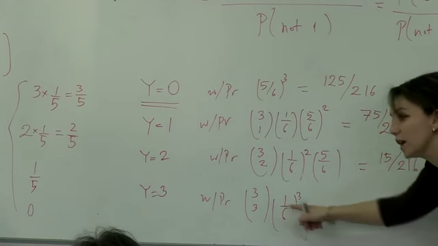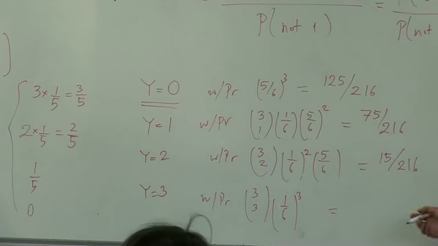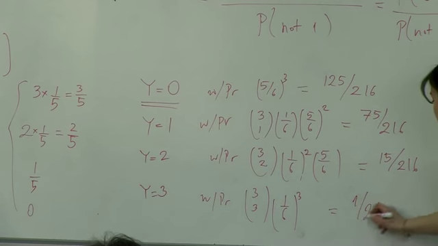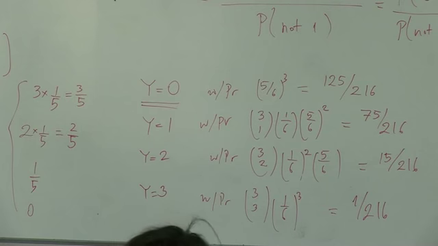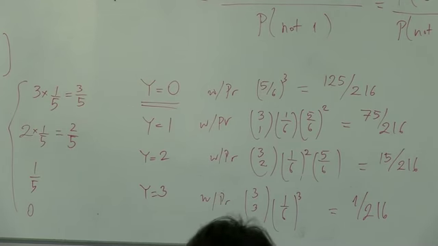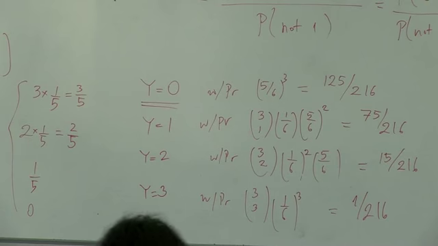And finally, this is 1 times 1 over 6 cubed, which is 1 over 216. Sum these, please. 125 plus 75 is 200, 15 and 1, 216. Good, they add up.